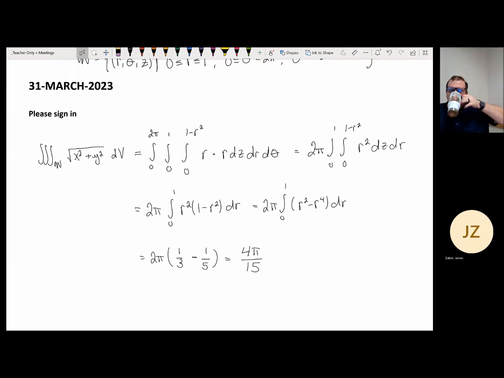So we got the 2 r's. The first r was from converting the integrand from rectangular. The second r is because dv is r dz dr d theta, yes. So the first r is the integrand, the second r is from the differential.